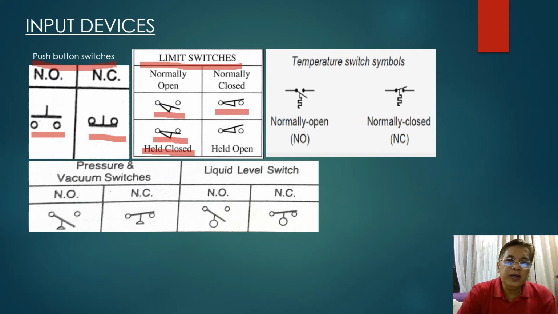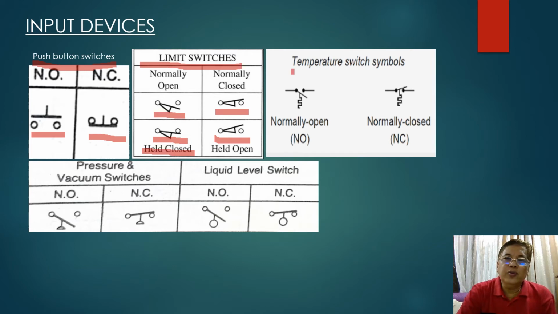In the same way, if you have a normally closed limit switch, once it is hit by an object, then this normally closed switch will open. That is what is meant by normally open switch held closed and normally closed switch held open.